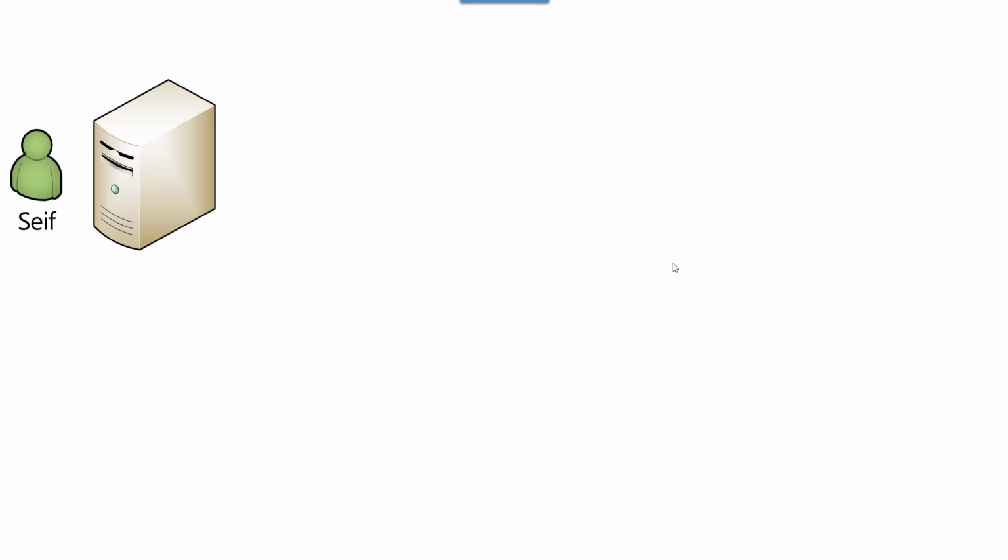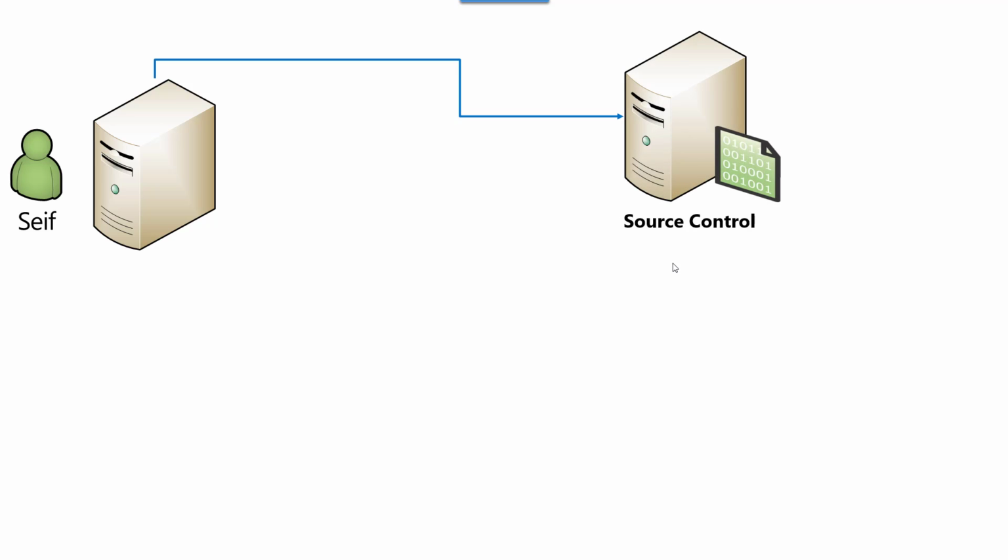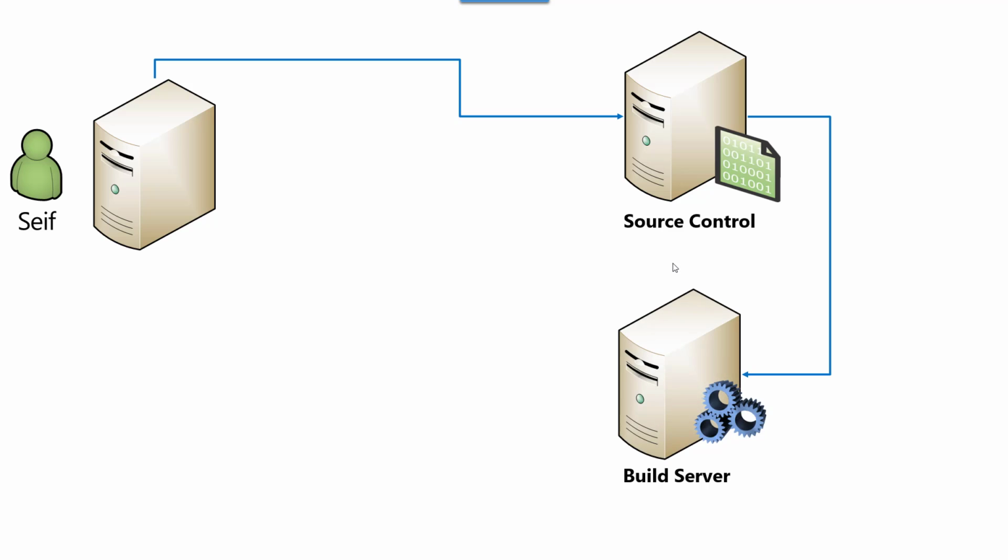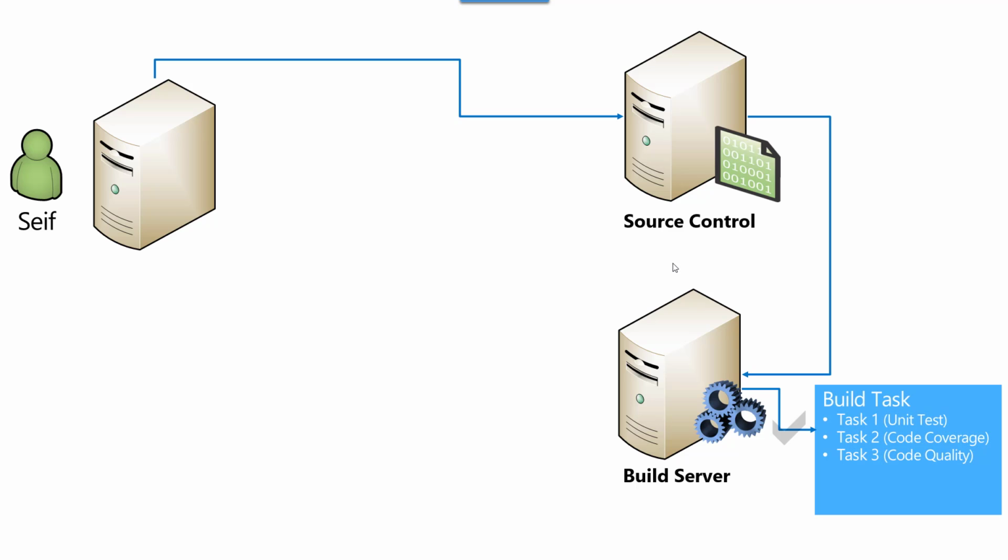When I have continuous integration, if Safe is a developer and he wants to commit his code, once he tries to do that, this will not commit the code, but instead it will trigger a build server, which will run all the tasks: the unit tests, the code coverage, the code quality, and review them and make sure that they passed.